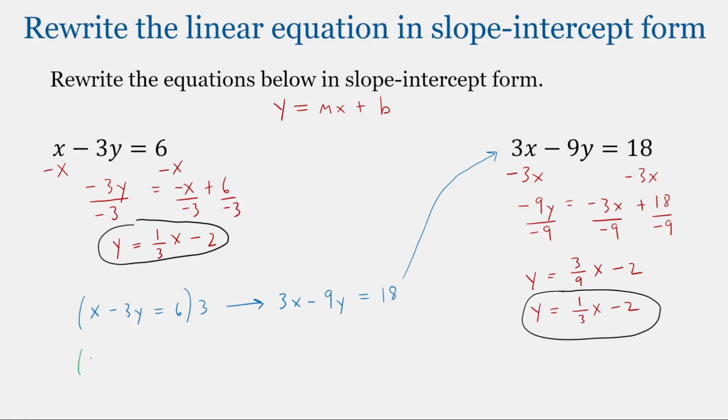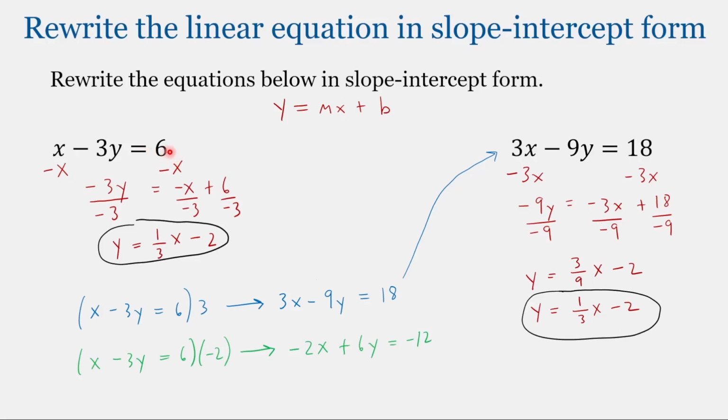If we do the same thing, x minus 3y equal to 6, let's multiply that by negative 2. Then we're going to have negative 2x plus 6y equal to negative 12. So these equations are just multiples of the first equation shown, x minus 3y equal to 6.